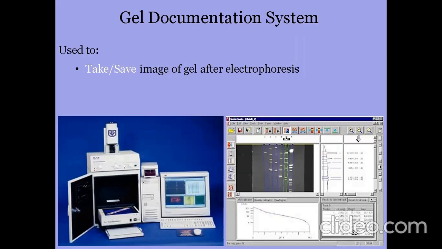When the electrophoresis is done, we can use a gel documentation system, an automated system that could take the image of our gel and even quantify it, a densitometric analysis of individual bands. So it can quantify the density of the individual bands.